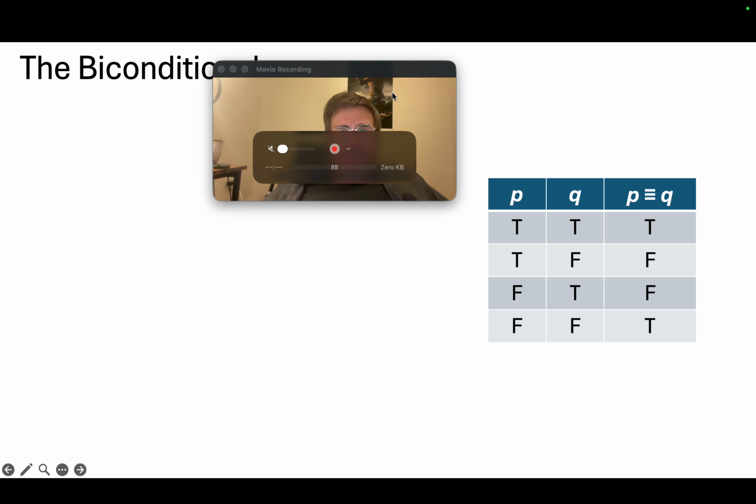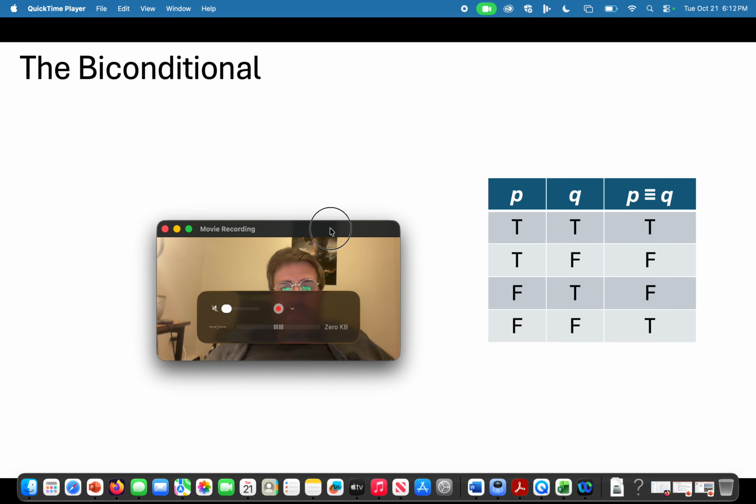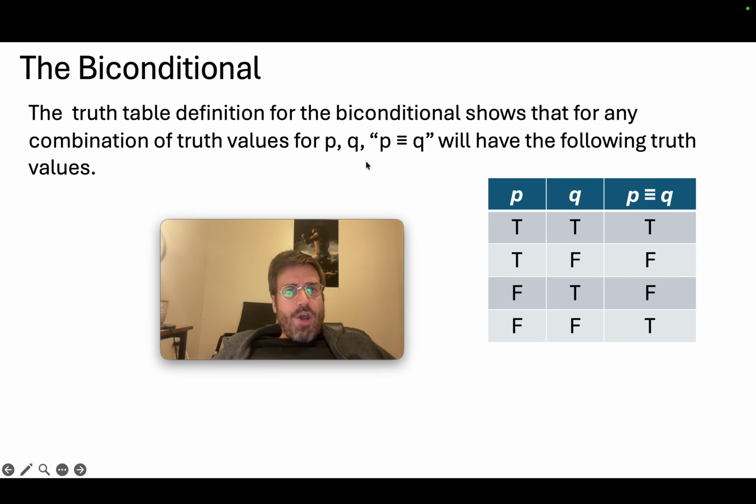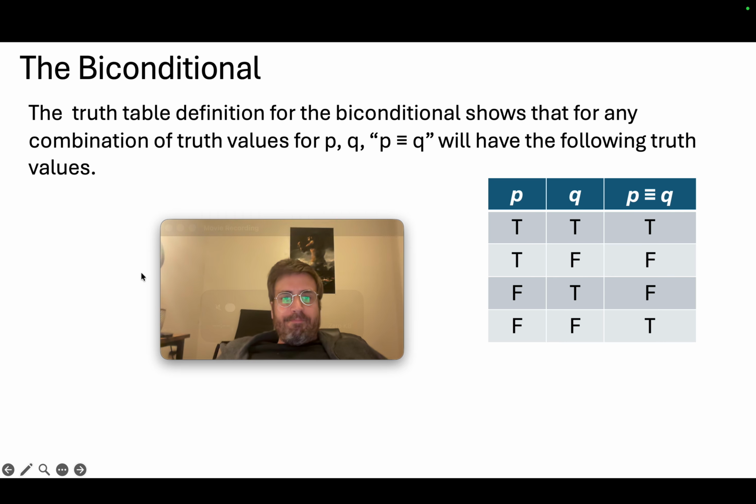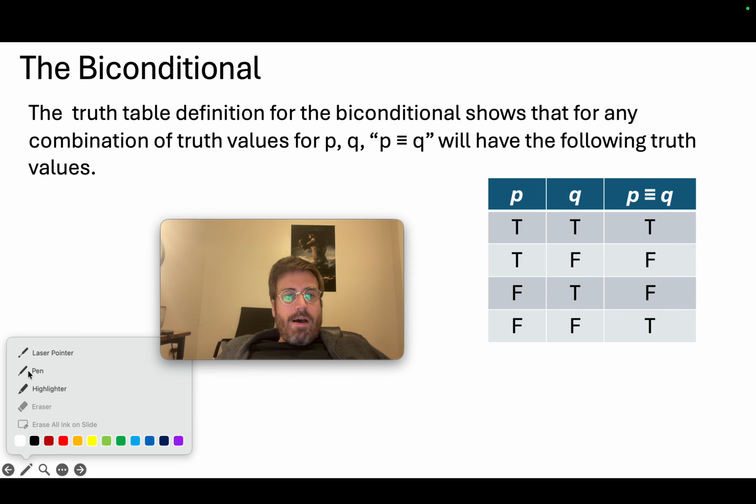What about the biconditional, our triple bar? Again, we're not going to see this quite as often, but you still have to know it. The truth table definition for the biconditional shows that for any combination of truth values for P, Q, P triple bar Q will have the following truth values. So have a look at our truth tables over here.